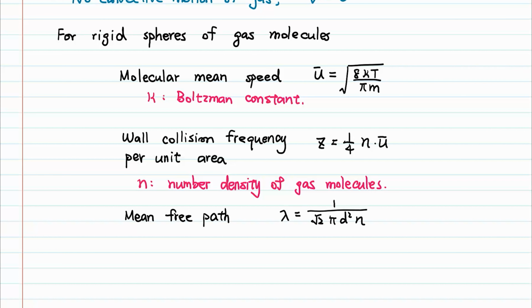So you can see that we have given three values here: the molecular mean speed, the wall collision frequency, and the mean free path. So how are we going to start from here to predict the thermal conductivity of dilute gases?